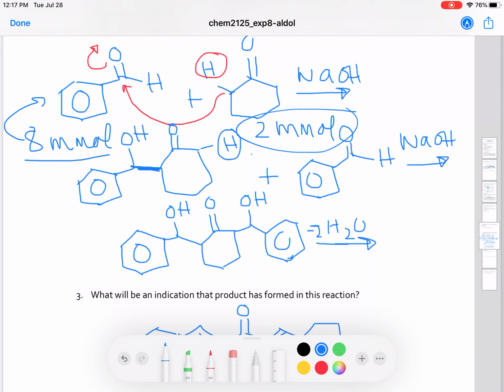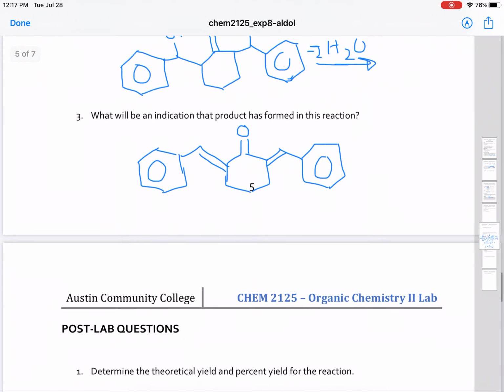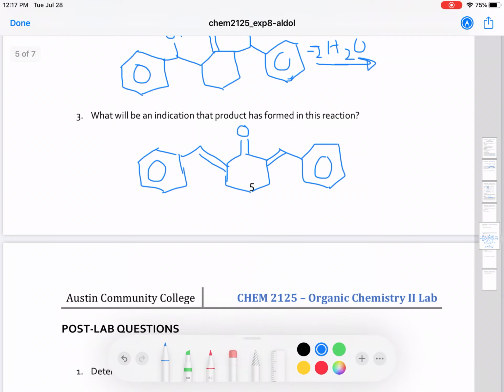So, how many millimoles of your product would you be forming? If you start with 1 millimole, you will get 1 millimole of your product. So if you started with 2 millimoles, you will get 2 millimoles of your product. Correct? So 2 millimoles of this.